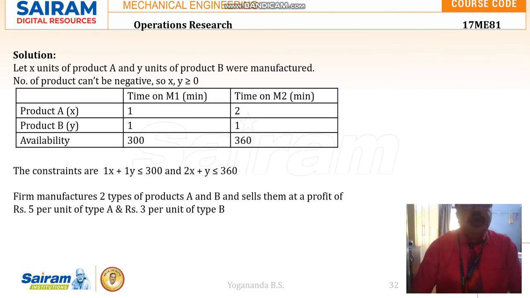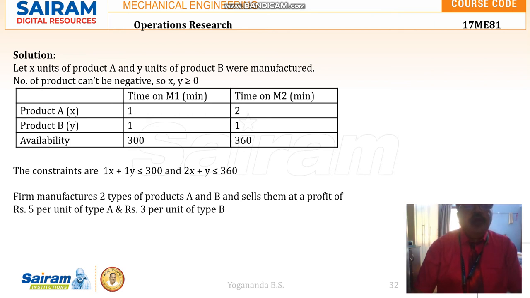So we'll consider the product A production will be x number of units and the product B will be y number of units manufactured. So we have two products A and B. The number of units of product A produced will be taken as x units and the number of units of product B produced will be y units.